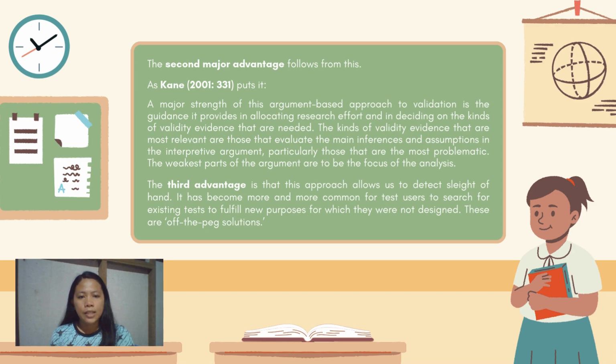The kinds of validity evidence that are most relevant are those that evaluate the main inferences and assumptions in the interpretive argument, particularly those that are the most problematic. The weakest parts of the argument are to be the focus of the analysis.